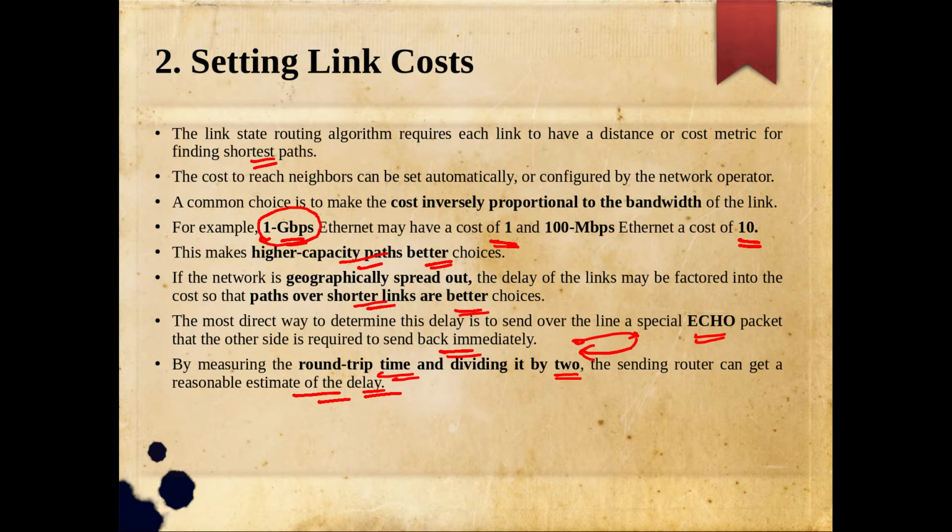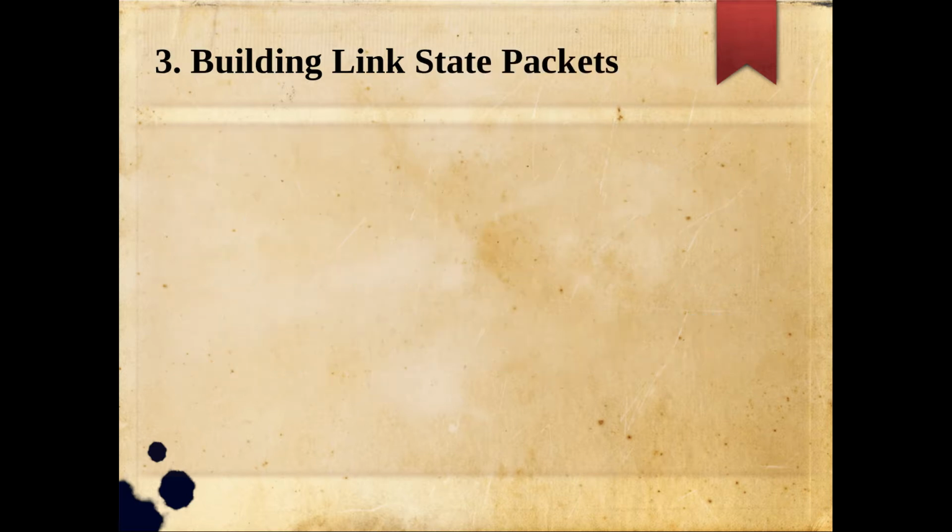So step number 1 is about locating or learning information about the neighbor. Step number 2 is about setting the link cost. Once the information about the neighbor is finalized and the cost is fixed, the third step is building the link state packets.